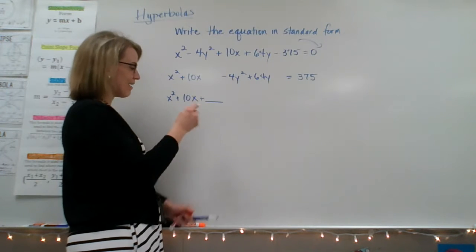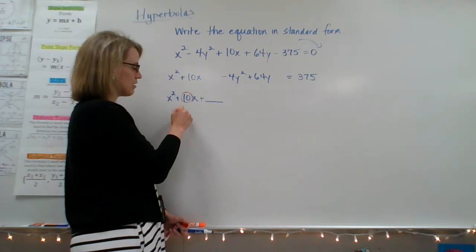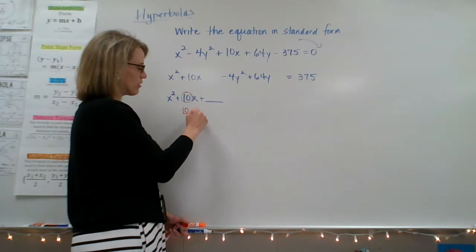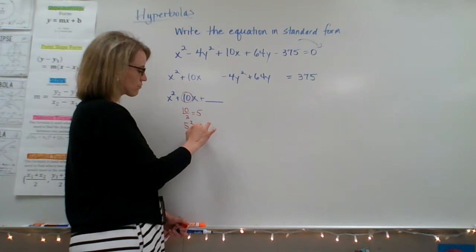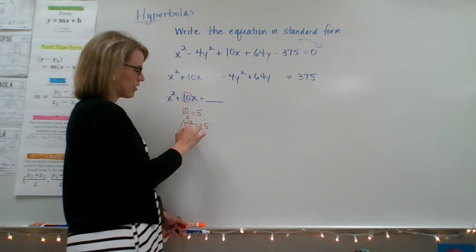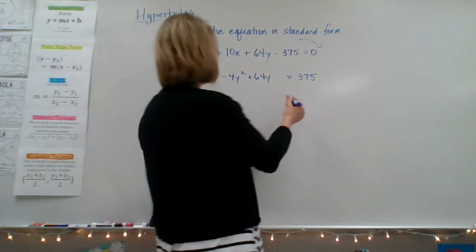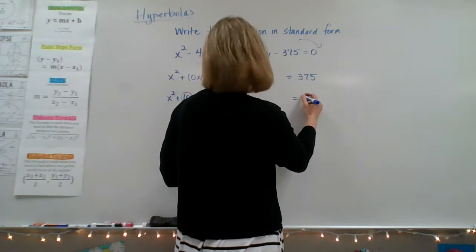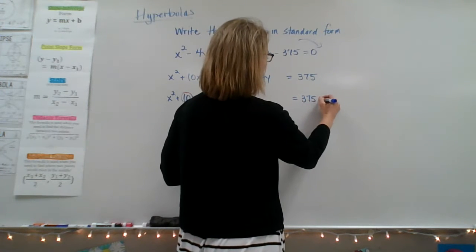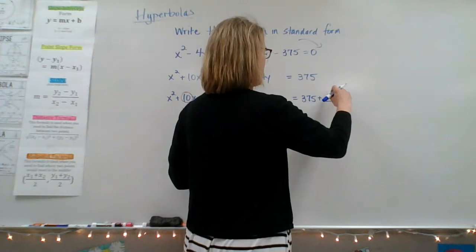So we want to take half of our middle term here, which is 10, and we want to square that result to get 25. So we are adding 25 to the left, and that means we're going to add 25 to the right. All right, that one's not too bad.